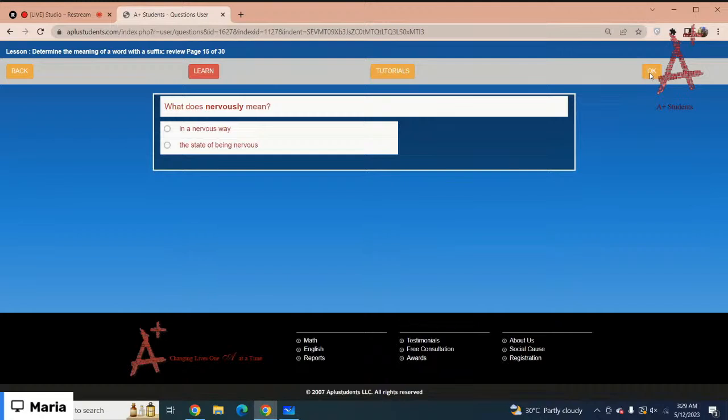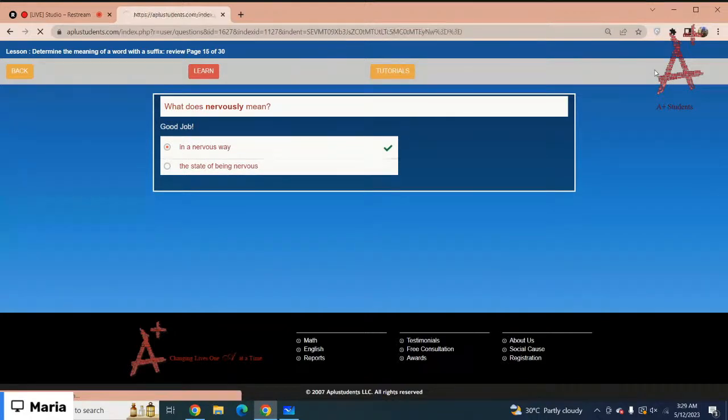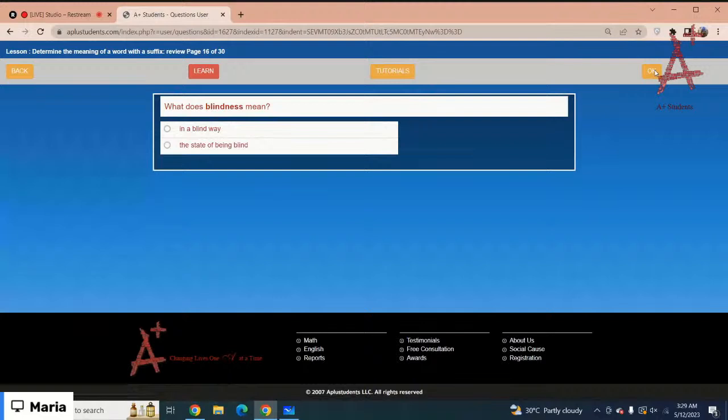What does nervously mean? It would be in a nervous way. What does blindness mean? That would be the state of being blind.